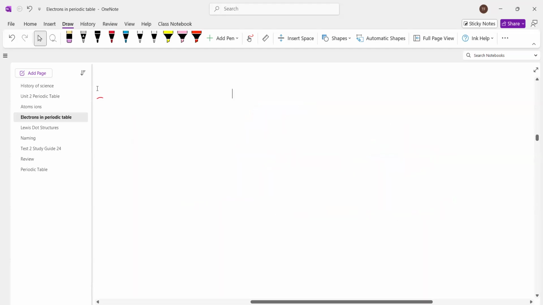Let's see. Let's do fluorine. Okay, how many electrons does fluorine have total? 9. So we have to count for all 9 electrons.